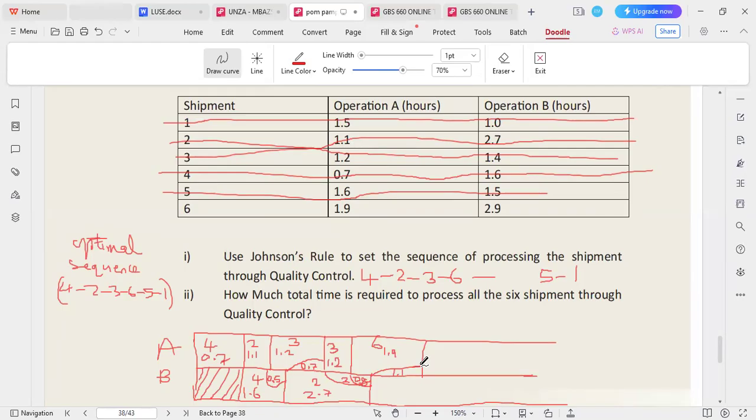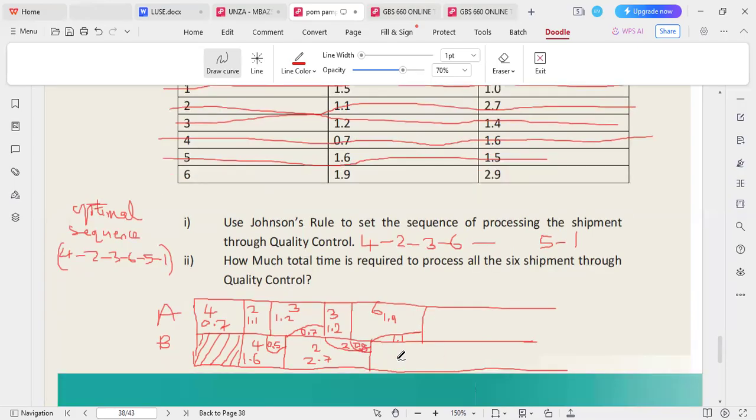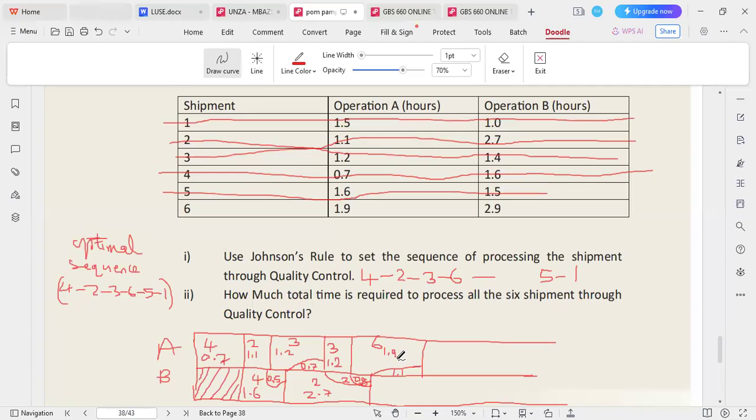So by the time they're finishing running job 6 in operation A, the people in department B should run on job 3. Job 3 in B is taking 1.4.